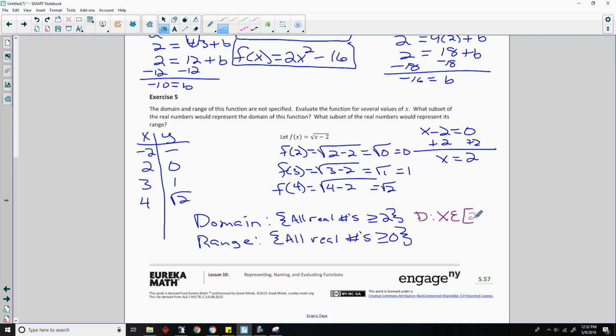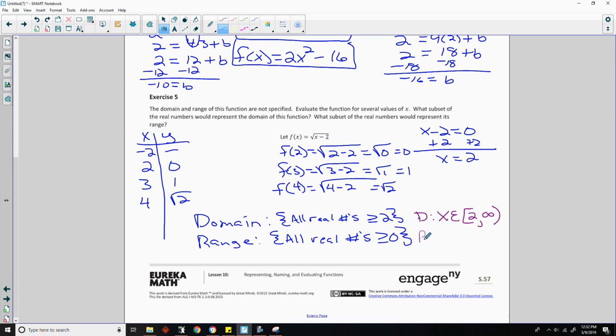A bracket means we're including a value, we're including 2, and we're going to infinity, and we use an open parenthesis for infinity because it goes on forever and ever. Infinity is not an actual number, so I can't use a bracket.